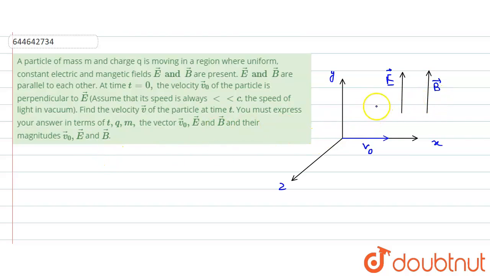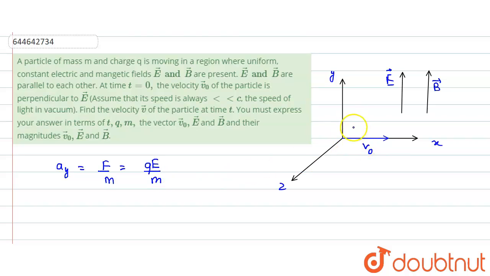Now due to this electric field, there would be a force on this charge. This is a positive charge, so there would be a force in this direction. What would be the acceleration in the y direction? It would be the force per unit mass. The charge is q and the electric field is E, so the force is qE, and the acceleration is qE divided by m.